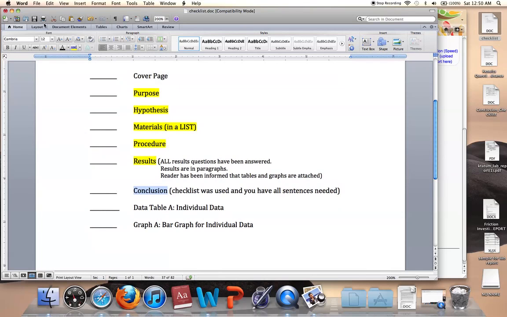All of this is what I refer to as the body of the lab report. So please make sure you have all of these things in this order before submitting your lab report.